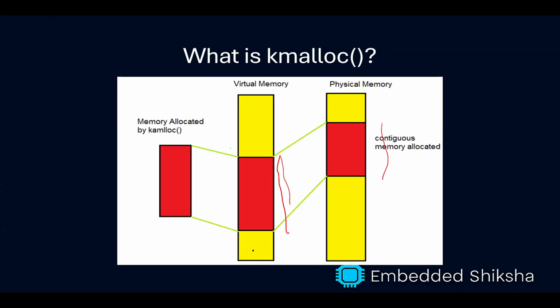Let's say you start accessing this memory from here in the virtual memory; from the MMU you will get the virtual to physical translation, and basically you will get this address.